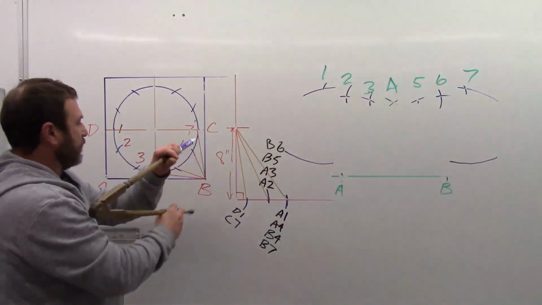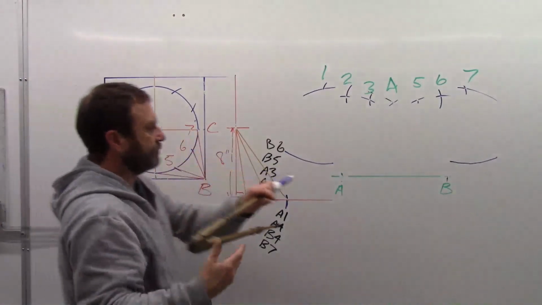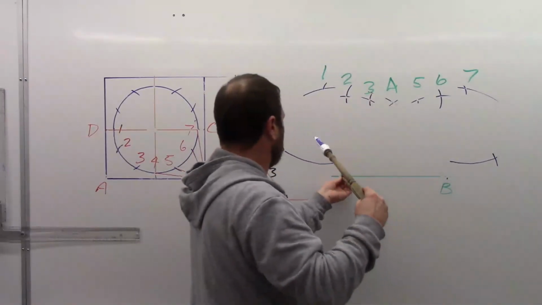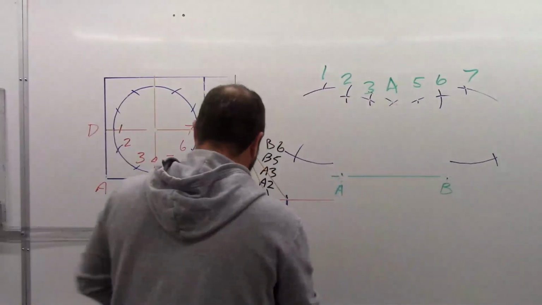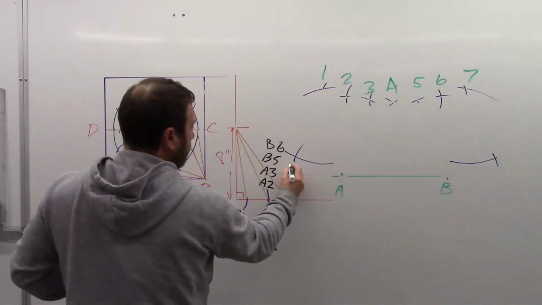Then I can pick up true length BC and swing it. And that becomes DC.